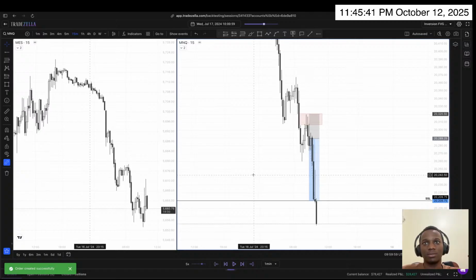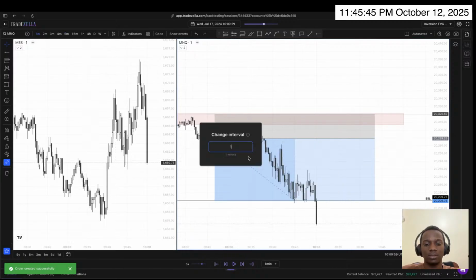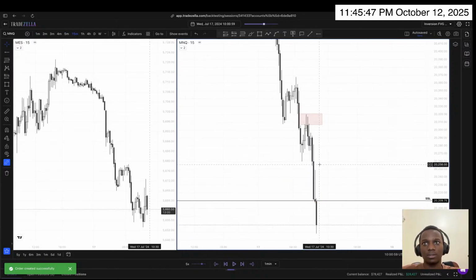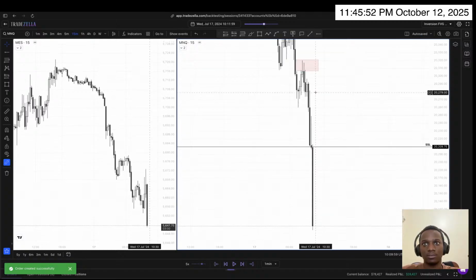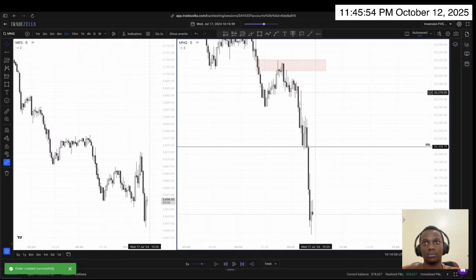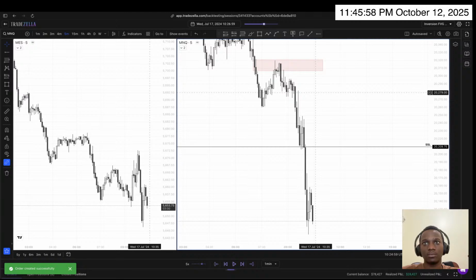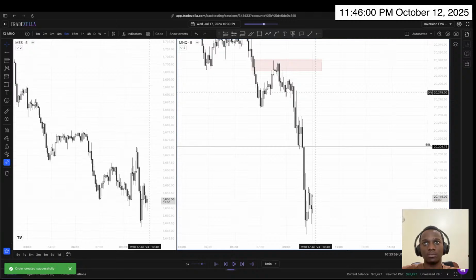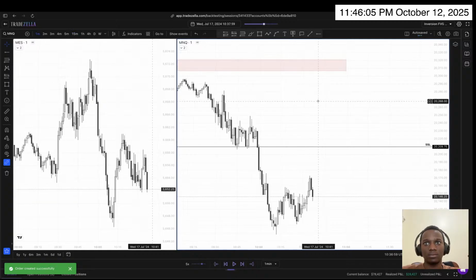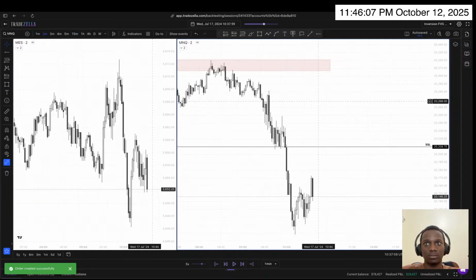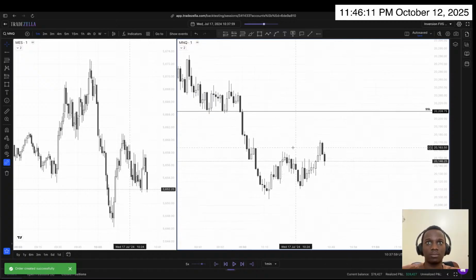A 15-minute could retrace into a gap. SMT fair value gap.